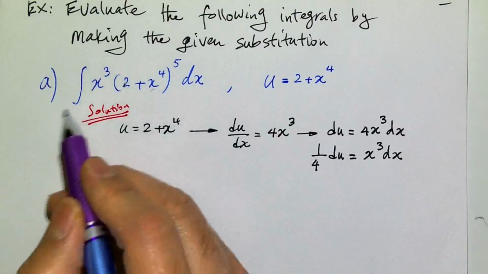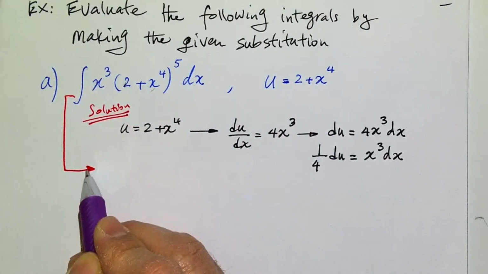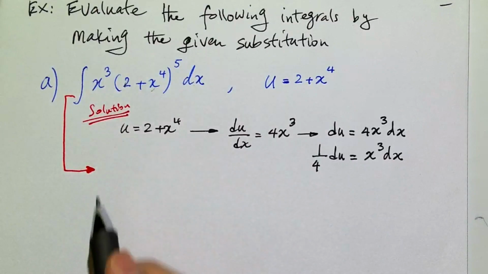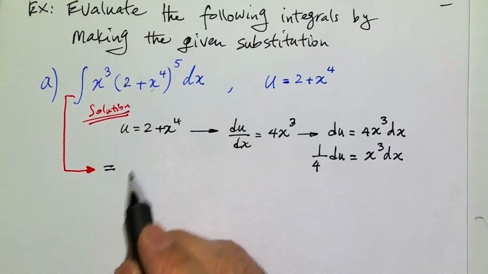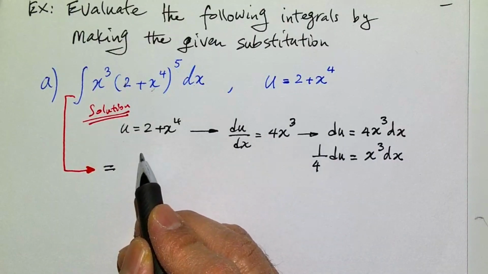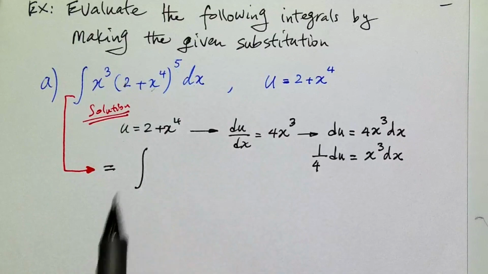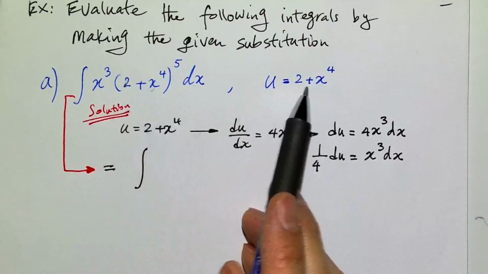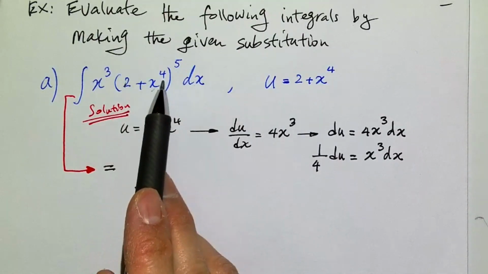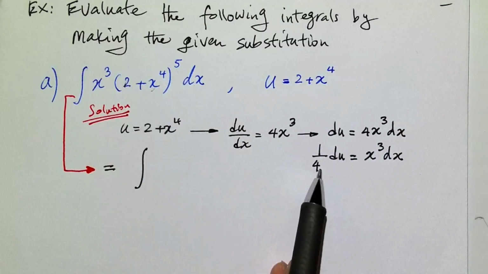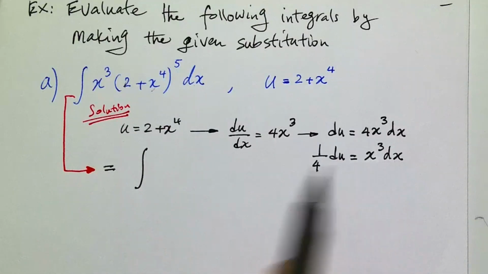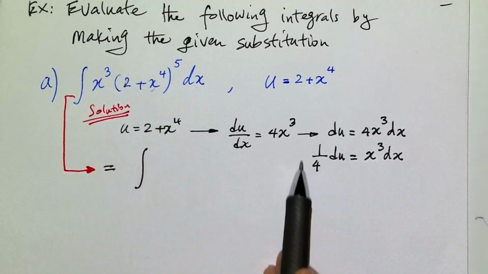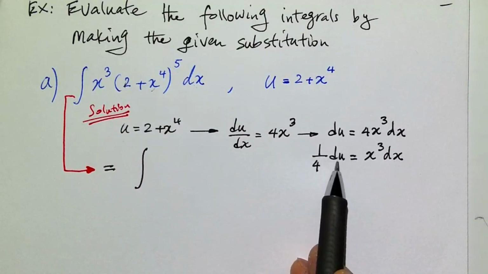So let's do that. After all that, we can write this original expression as follows. We can write the integral of u, this piece was u, right? We were given that. So u to the 5th, but we have then, well, let me do it this way. So we have x cubed dx, which are replaced by 1/4 du.